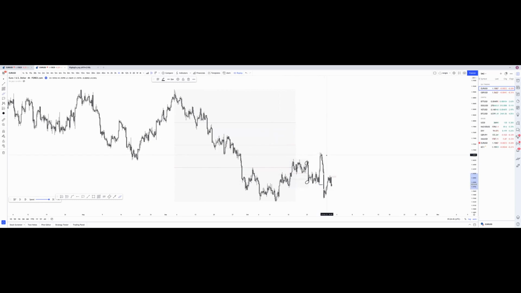What I was expecting was another complex pullback down into this, to then continue up to something up here, i.e. this range, for price to continue and completely melt through, which still could happen. It's not saying that won't happen. It's just saying right now it doesn't look likely, right?